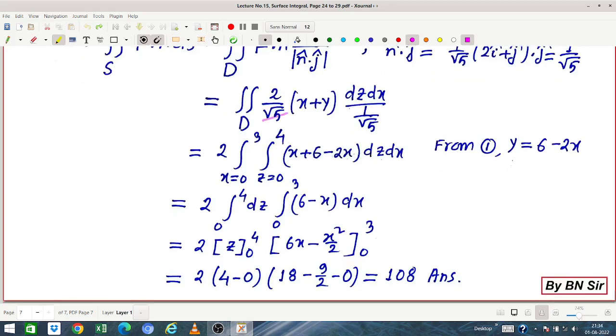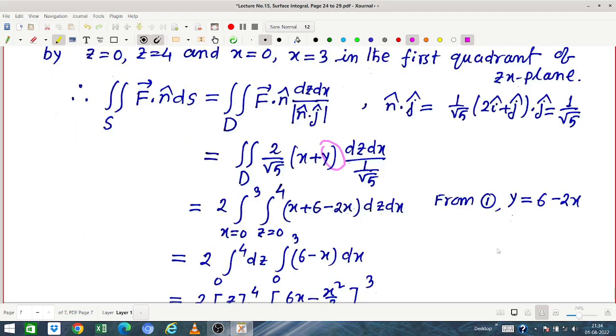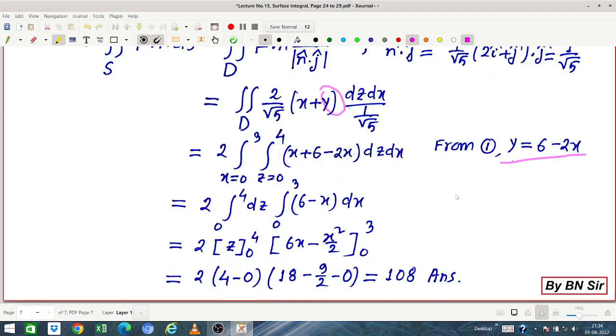So this root 5 and that root 5 get cancelled. D is on the zx plane, so y is to be eliminated. How to eliminate? The equation of the surface S is 2x + y = 6, so y = 6 - 2x. We eliminated y because we projected on the zx plane, and in earlier problems we eliminated z because we projected on the xy plane.